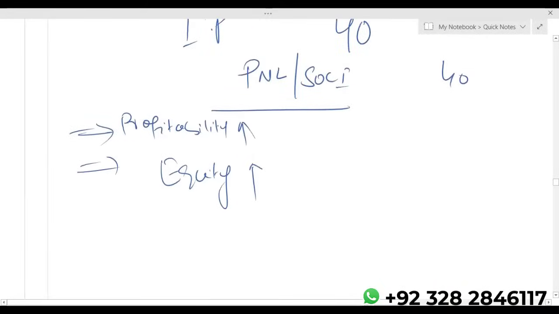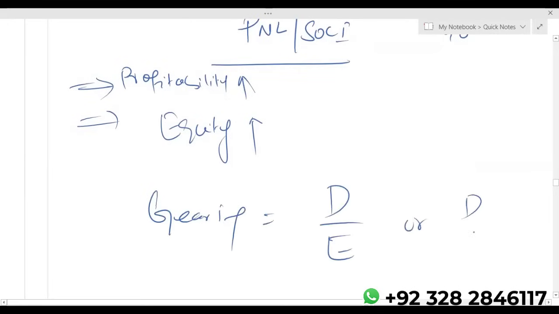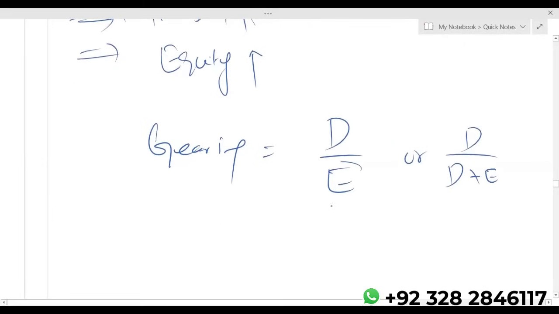Actually, we know that profitability is increasing. If you recall gearing, assuming you're using the formula debt upon equity, or even debt upon debt plus equity, whichever formula you are using, try to understand. Due to profitability, your equity will increase. Can I say due to the increase in equity, gearing will reduce no matter which formula you are using?